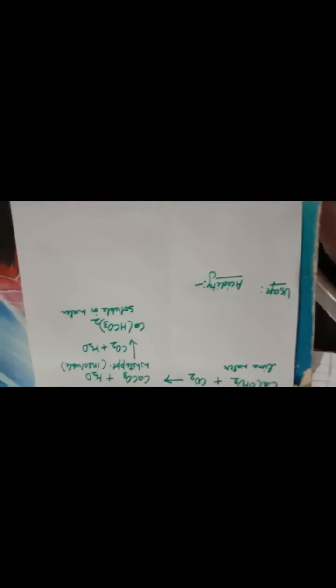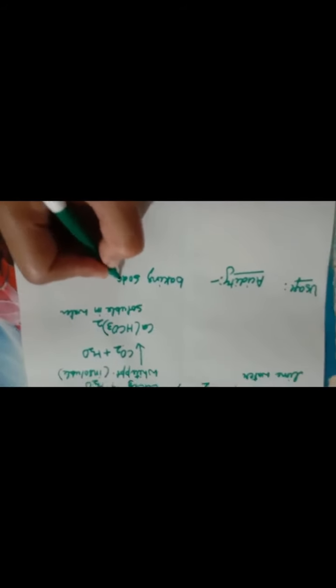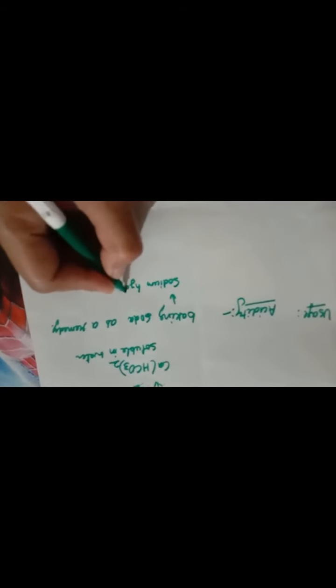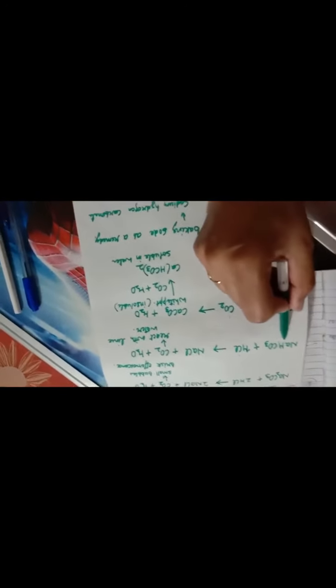If someone is suffering from acidity after overeating, most of the time if we do overeating, then we have a problem of acidity, so we should take baking soda as a remedy. Because baking soda is sodium hydrogen carbonate, that is this one, sodium hydrogen carbonate.